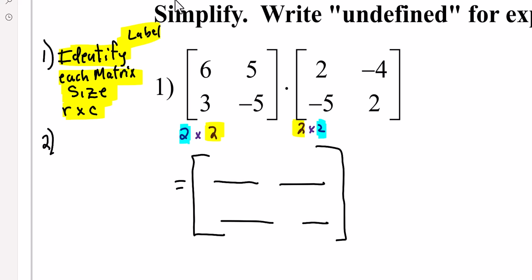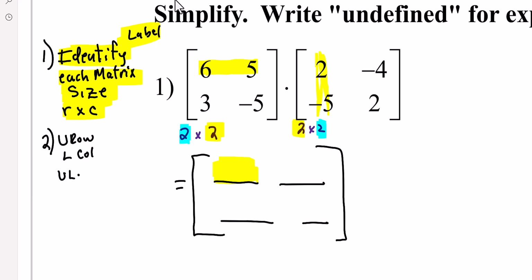Okay, so you're taking the upper row and you're going to be multiplying with the left column. So this row, this column, so this is how it happens.